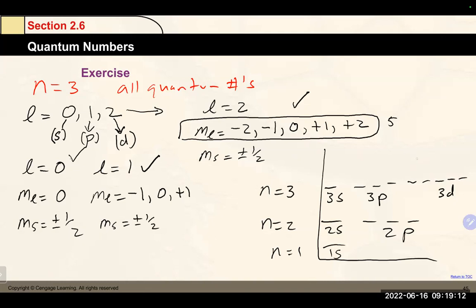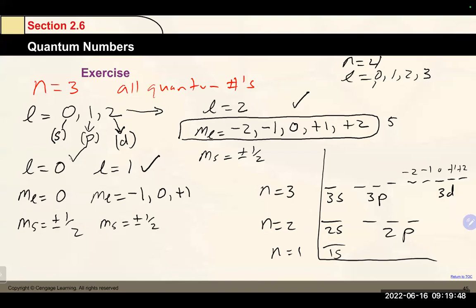And in terms of numbers, it would run this way: 0, plus 1, plus 2, in terms of their orientation in three-dimensional space. That is also why we talked about there that the f orbitals don't really appear till we get to the fourth energy level, because if we ran our n equal to 4, that would give us L values of 0, 1, 2, and now 3, as 4 minus 1 would get 3.